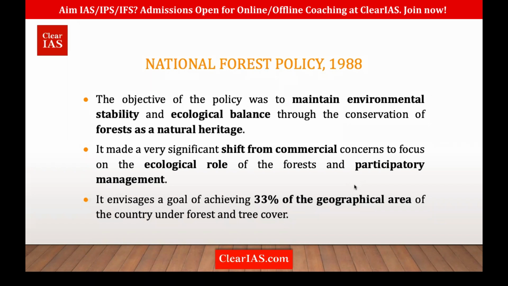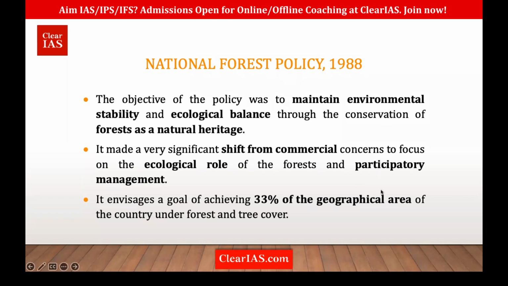The aim is to achieve at least 33% of the geographical area, almost one third of India's area, under forest cover, but we are far from it. As of now, according to the latest census, we just have 24% of the area under forest cover. So that is the National Forest Policy.